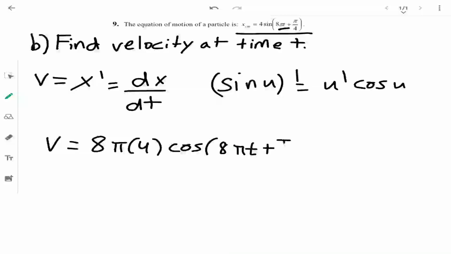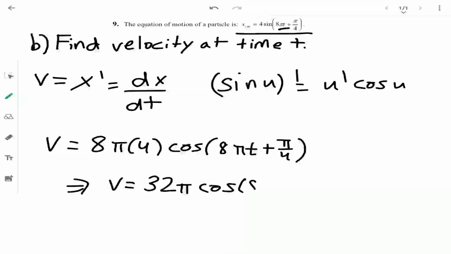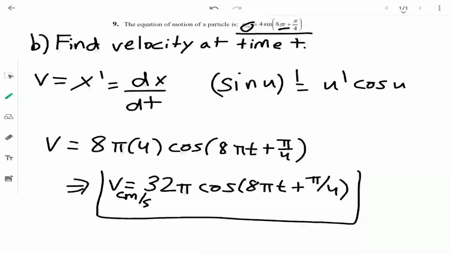Let's simplify, which gives us v equals 32 pi cosine 8 pi t plus pi over 4. Now we should all remember that since position is given in centimeters, our velocity should be in centimeters per second. So the unit is a very important part of the answer, and this is how you get the velocity at time t.